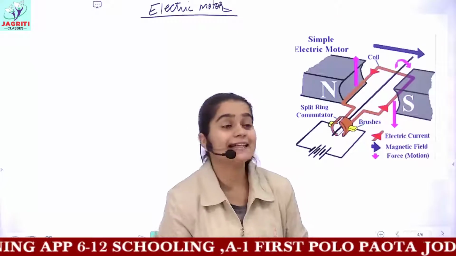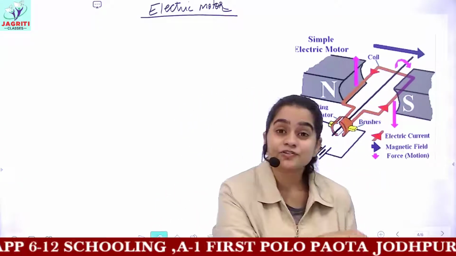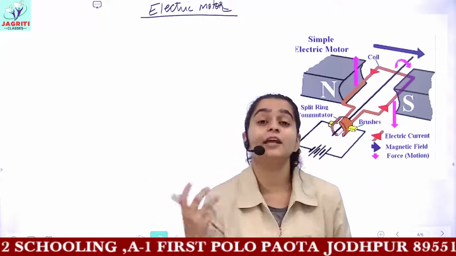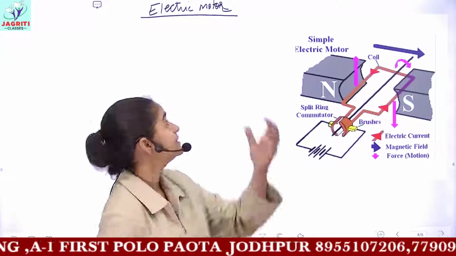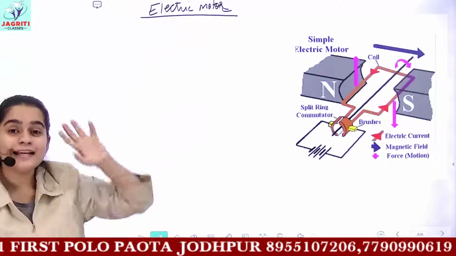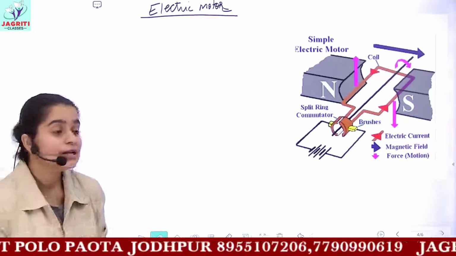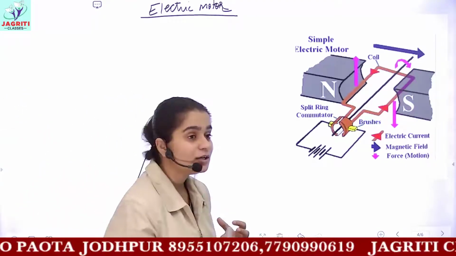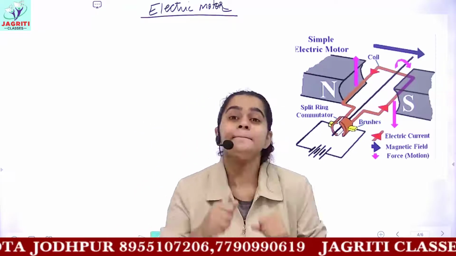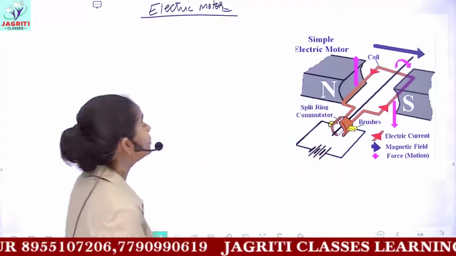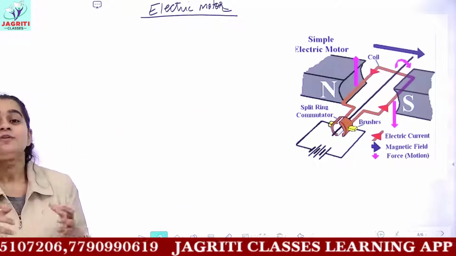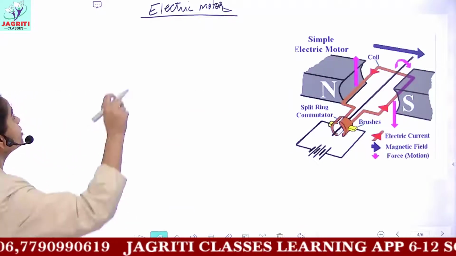So what is that device? This device is the motor. An electric motor is a device used for the conversion of electric energy into rotational energy. And you have many other appliances which undergo this kind of rotational motion.